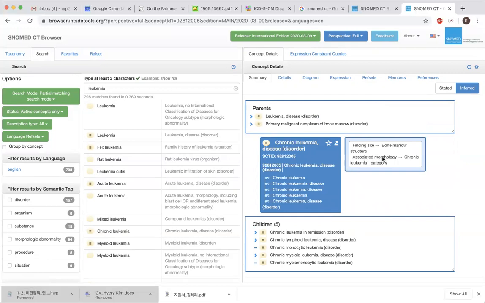And associated morphology, I don't know what that is. So yeah, anyway, as I said, there are more than just parent-child relationship when you're looking for information in SNOMED. And of course there is parent-child relationship as well.